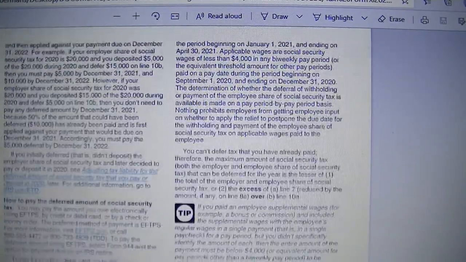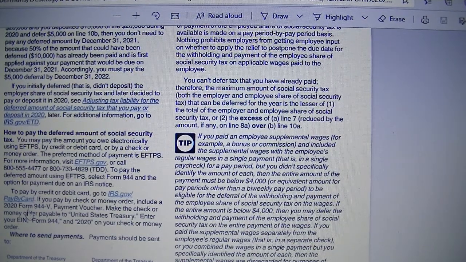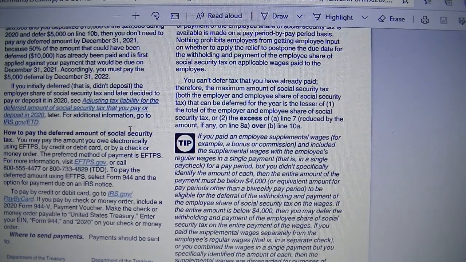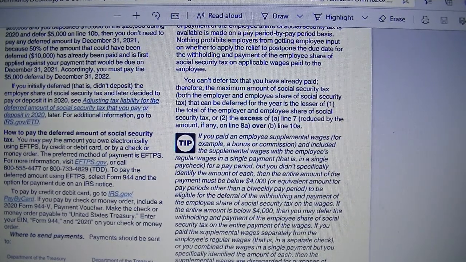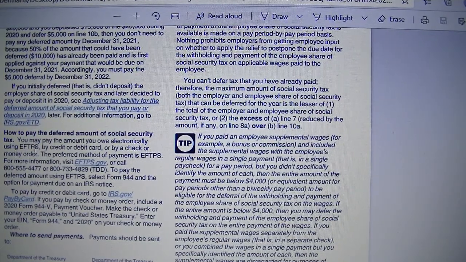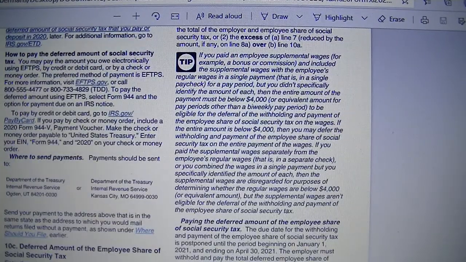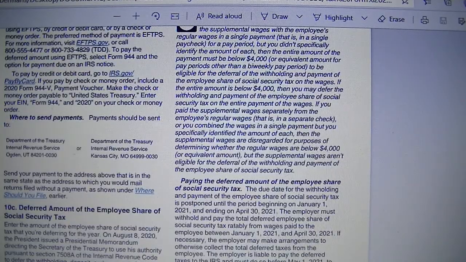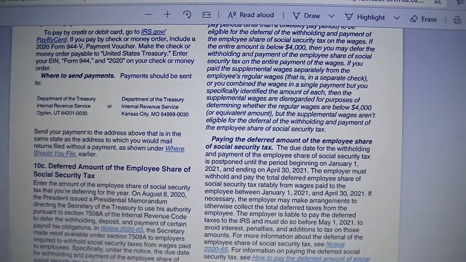Let's see here if they are addressing it, but you see they have enough information on that. And then they have information on how to pay the deferred amount of Social Security tax, and it can be paid electronically using EFTPS. They have information if you have not made those deposits and you want to do that. They have a lot of information on that in the instructions, and you have to read it.